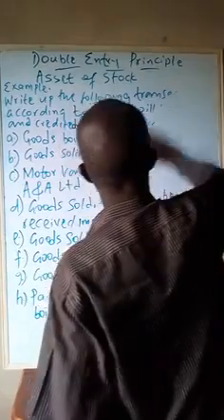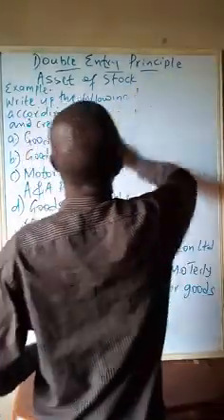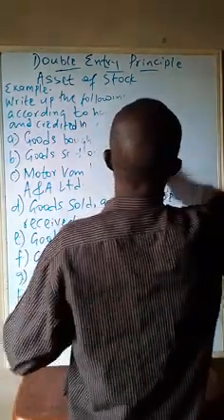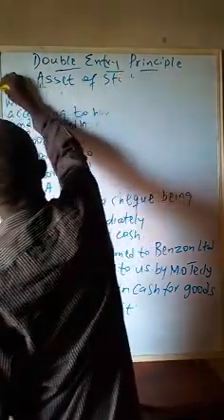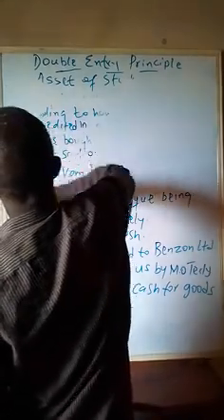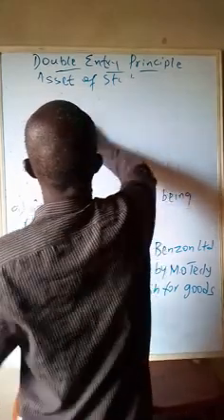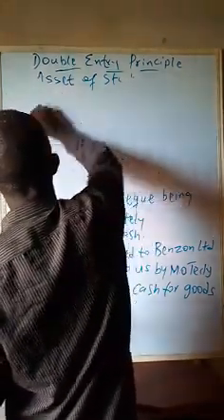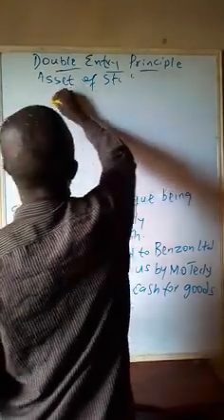Asset of stock are those accounting methods that involve some accounts like sales account, purchases account, return inward account, return outward account, carriage inward account, carriage outward account. All those are goods. That's where you'll be seeing goods.